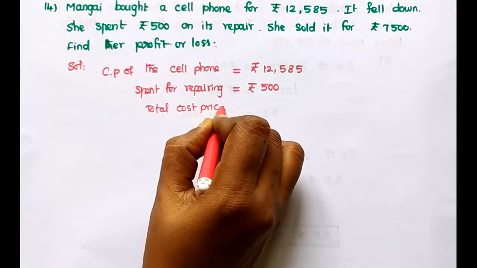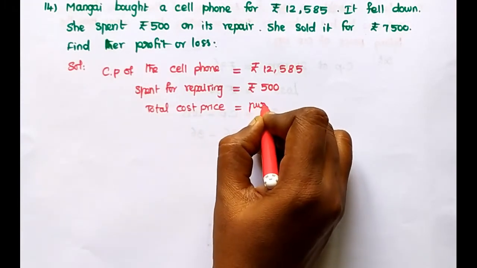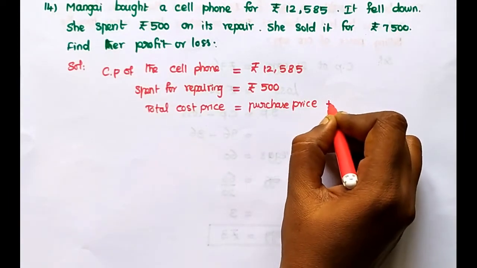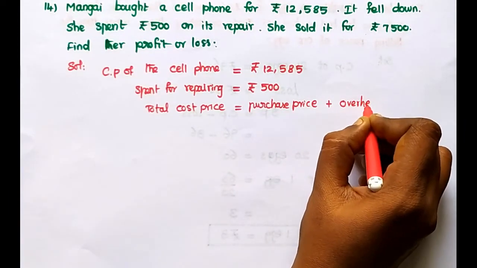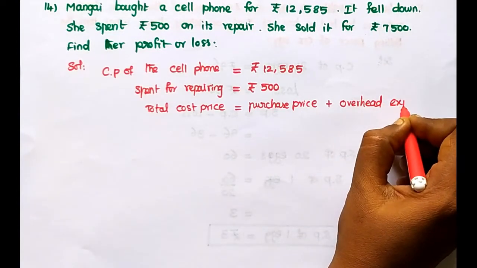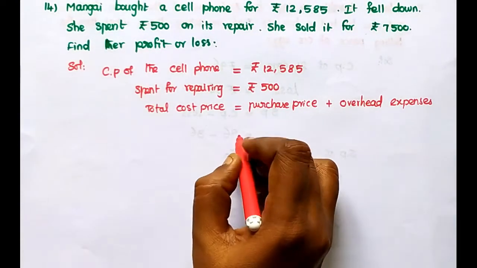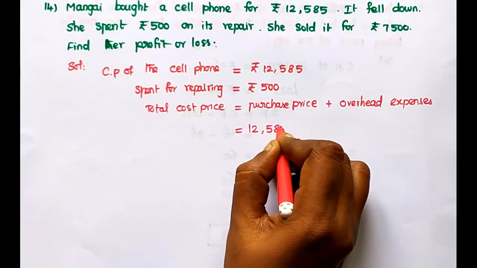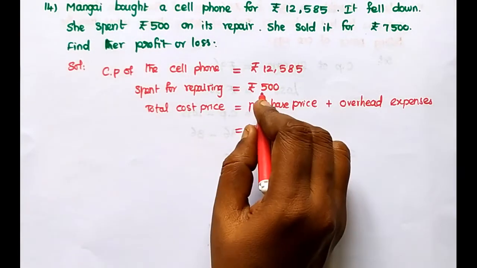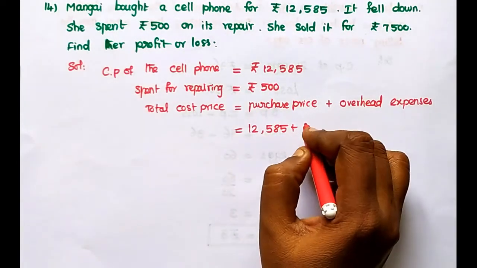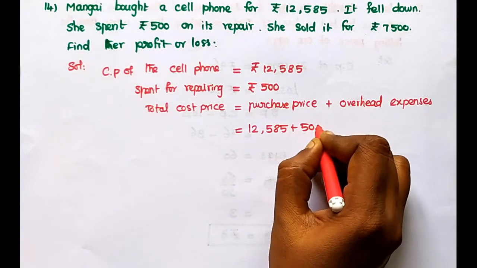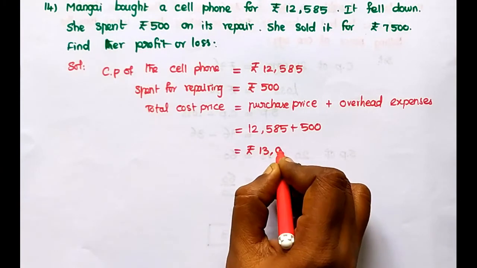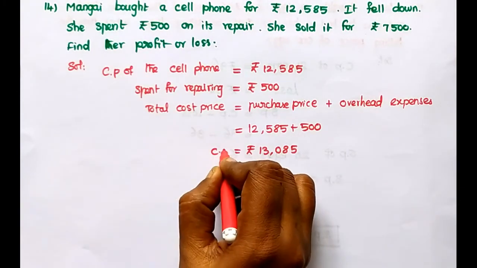Now total cost price is how much? Total cost price equal to purchase price plus overhead expenses. So purchase price is 12,585 plus she spent for repairing, that is overhead expenses, 500. So total cost price is rupees 13,085. That is cost price.